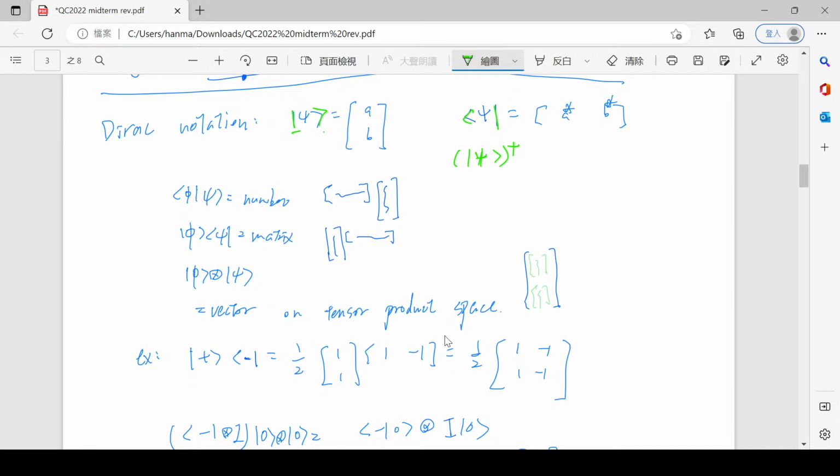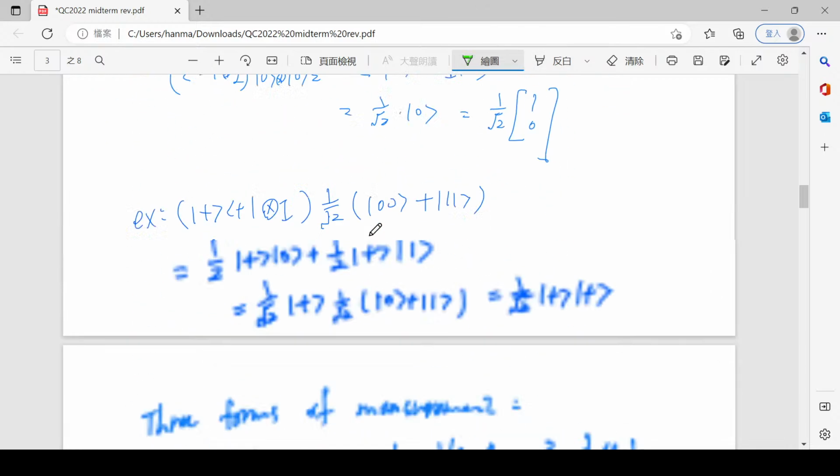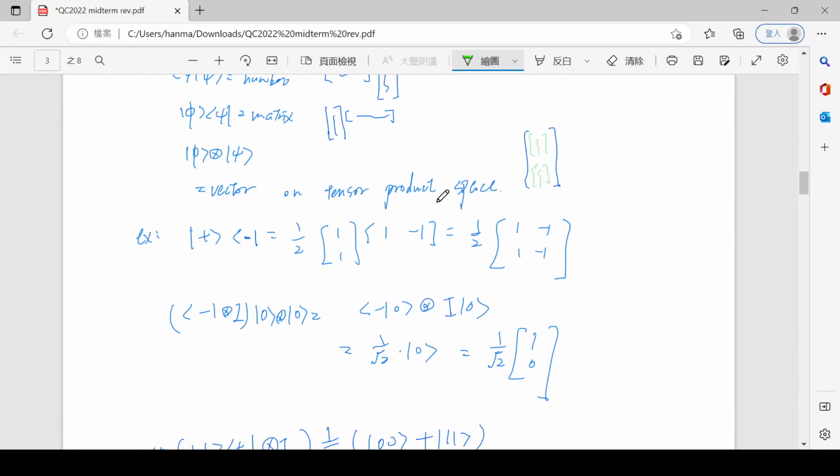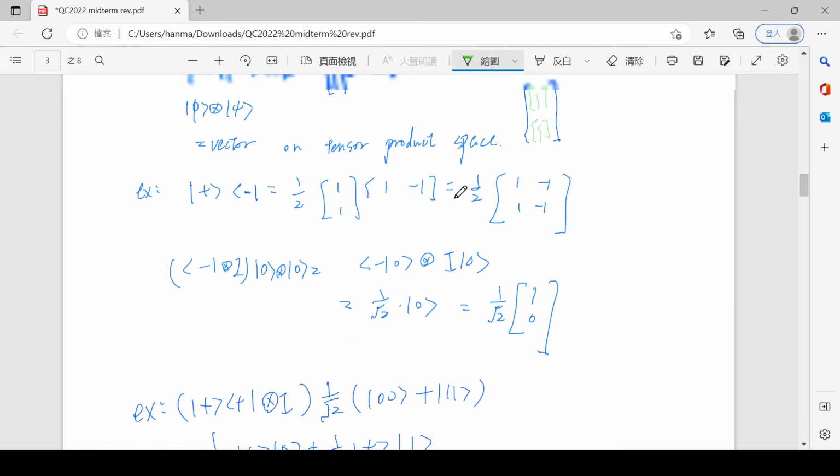It's a vector on the tensor product space. And remember, there are also things like entangled vectors in the tensor product space. We don't have much review of the details of tensor product space, so if you don't remember them, you need to check the old lecture notes.